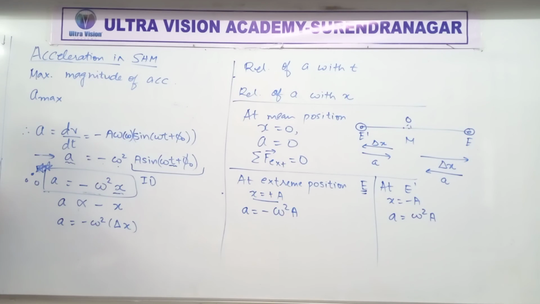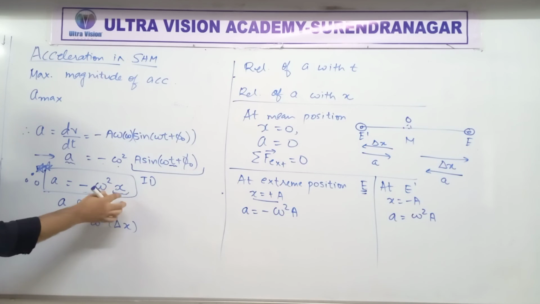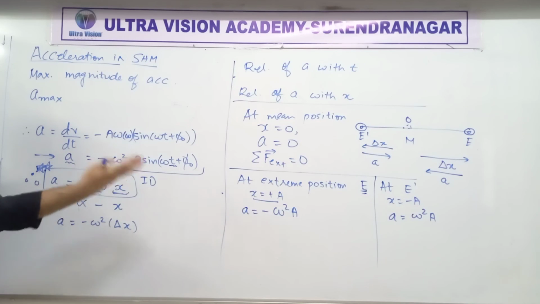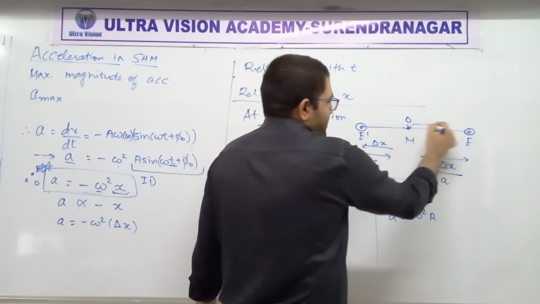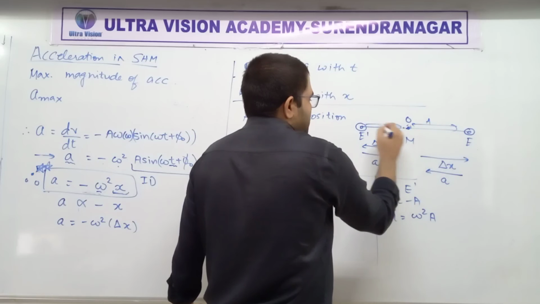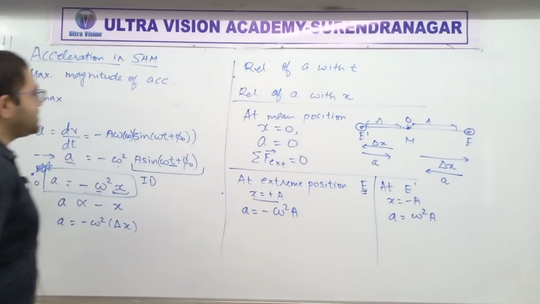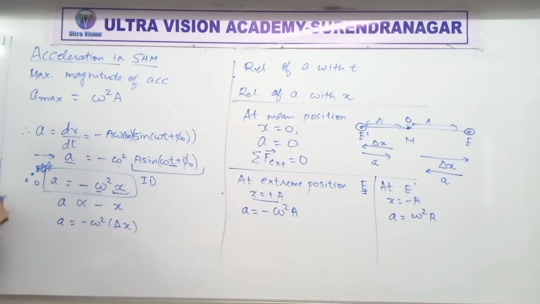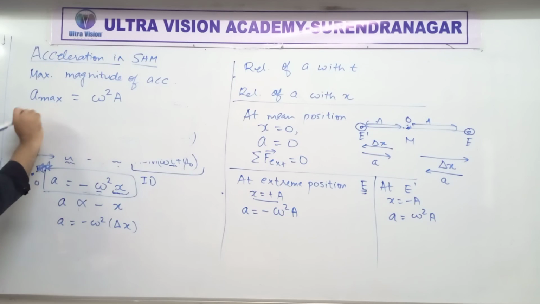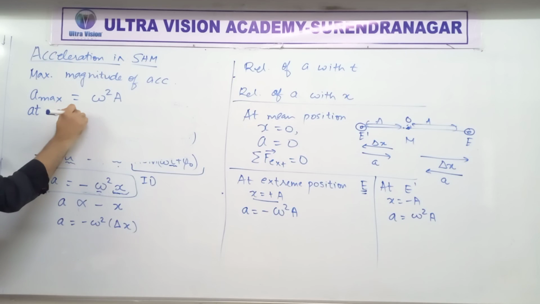Correct? What do you think it will be? Omega is a constant. So we should put x as maximum in value, that is plus a, because from here you can only go up to a distance a on either side. So a max is equal to omega square a, and this is at which position? When you put x equal to plus a or minus a, anything. So it happens at extreme position.